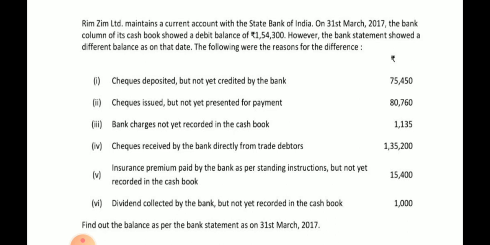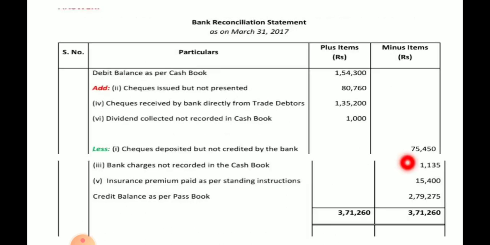When you go to the bank and update your passbook, you can see all the transactions undertaken by the bank. Okay, so because of this our cash book balance will have increased, so we have to write it in the minus column.